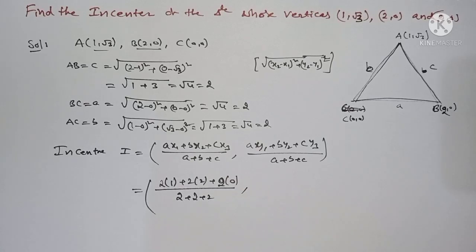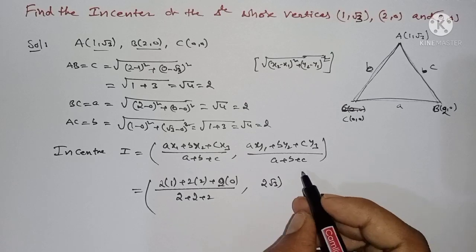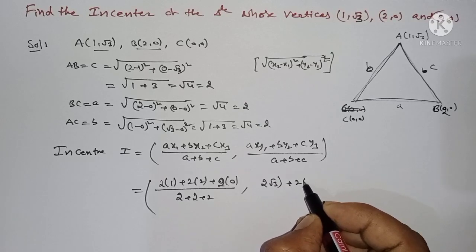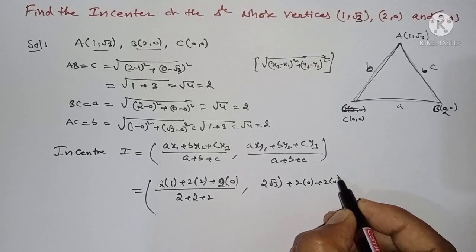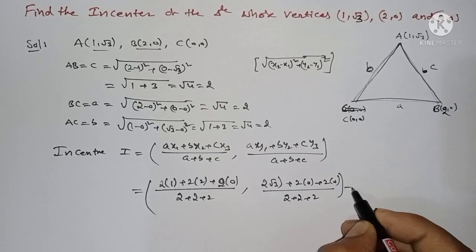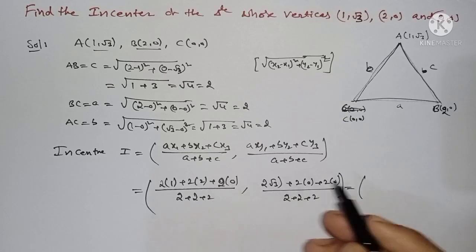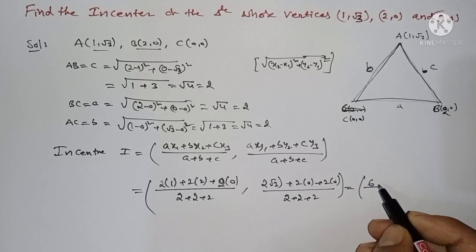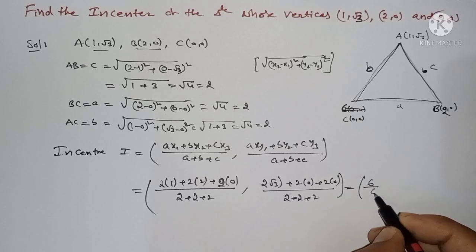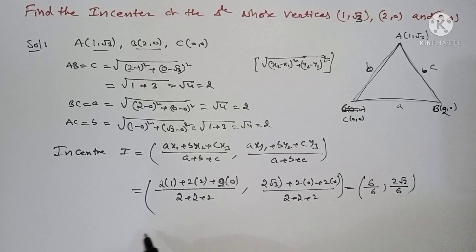And the second one is 2 of root 3 plus 2 of 0 plus 2 of 0, by 2 plus 2 plus 2. Simplifying: 2 plus 4 is 6, by 6, and the other is 2 root 3 by 6.